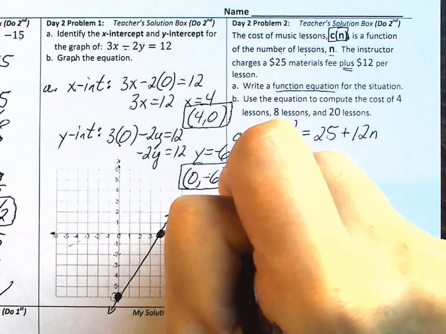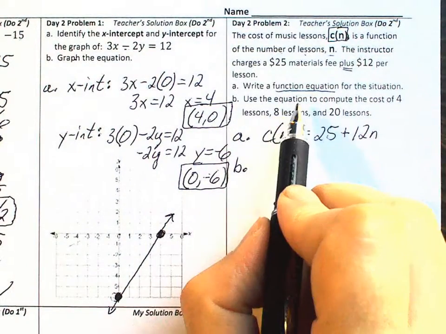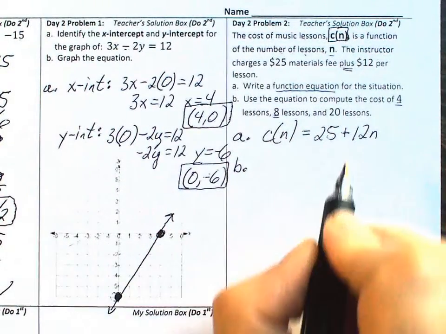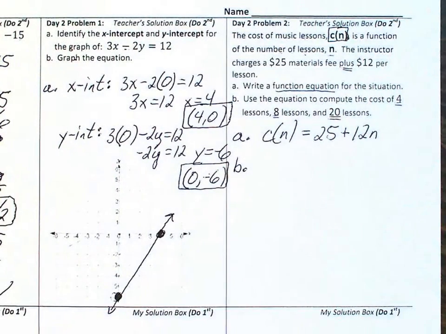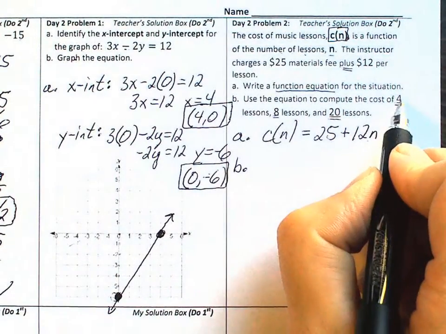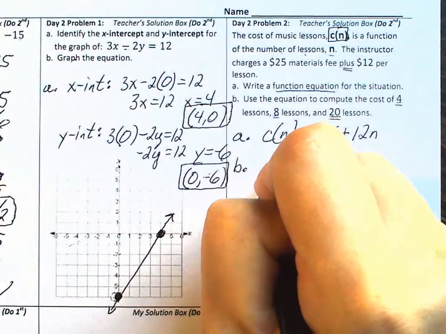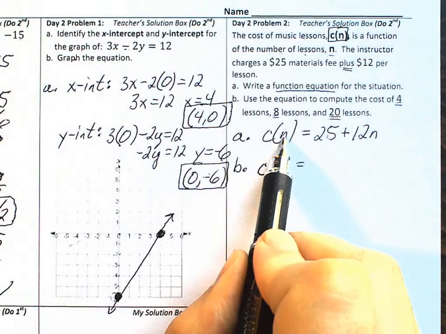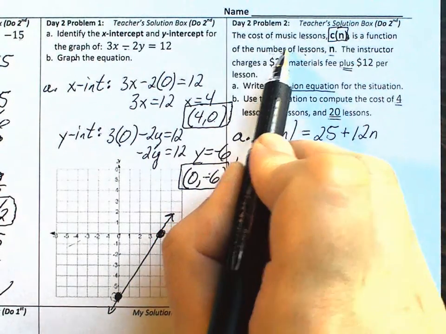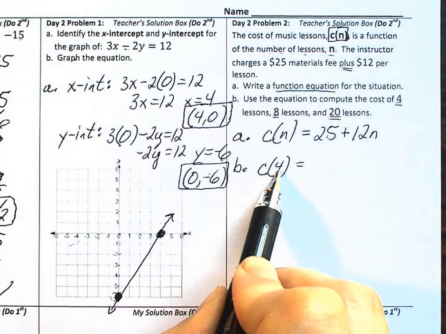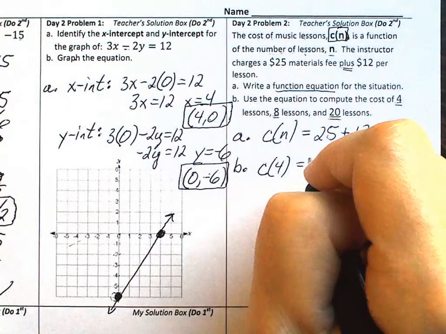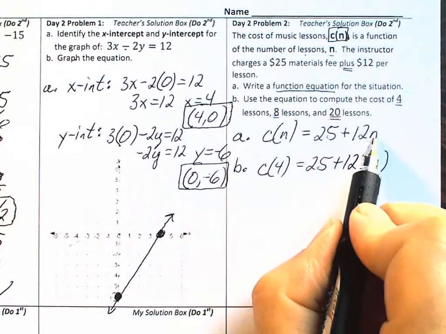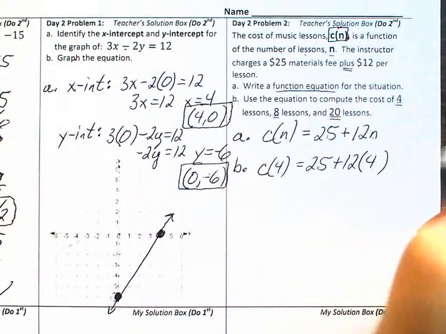Now we can use that equation to solve part B. Use the equation to find the cost of 4 lessons and 8 lessons and 20 lessons. So let's first find the cost of 4 music lessons. So the cost of 4 lessons, notice how I'm replacing the letter n, which is representing the number of lessons, with the number 4 because the number of lessons is 4 here, is equal to 25 plus 12 parentheses, and for the letter n, again, fill in 4.